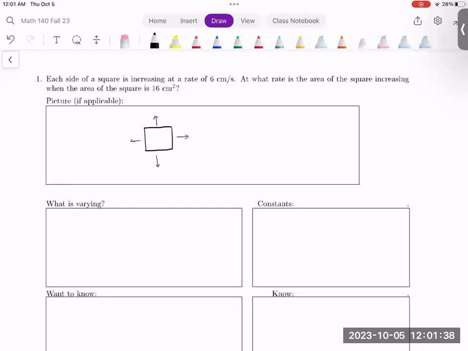We're going to introduce some variables so that we can talk about what is changing. So E is going to be our edge length in centimeters. A is going to be our area, and this is in square centimeters.